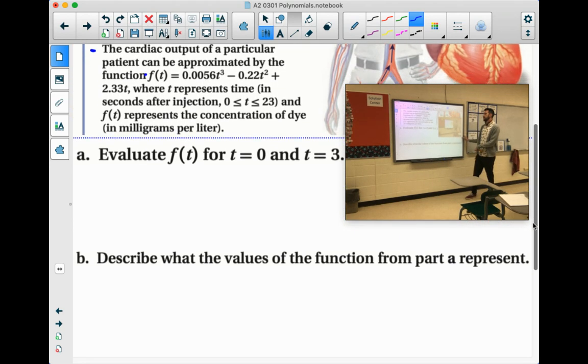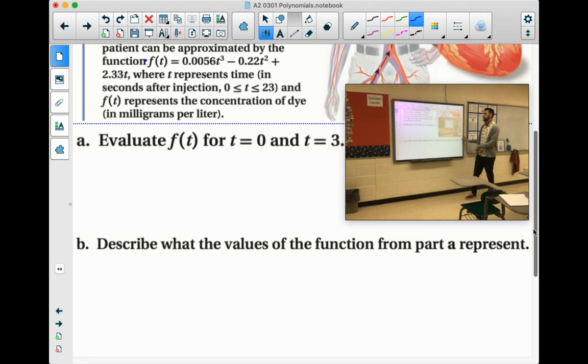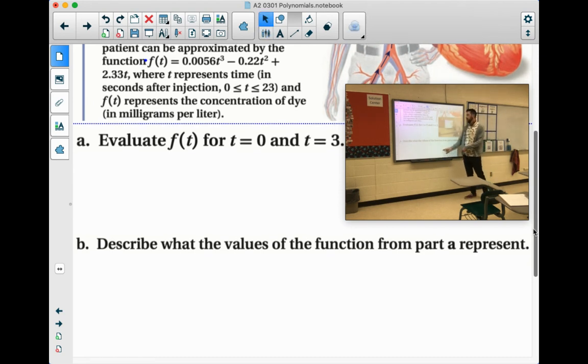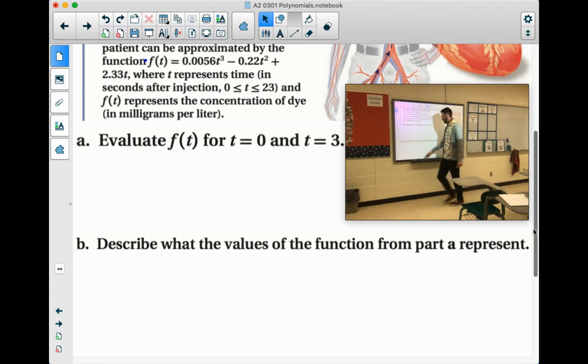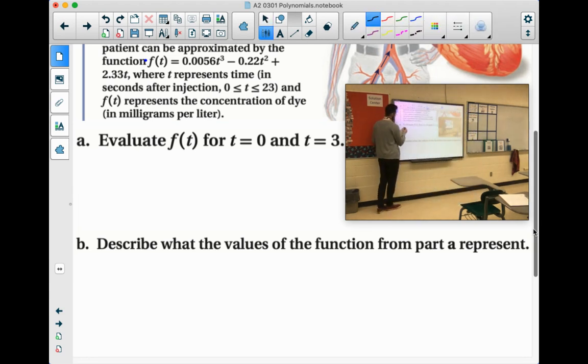Evaluate f of t for t equals 0 and t equals 3. So we are going to be substituting 0 and 3 into the function. So f of 0 equals 0.0056 t. Remember, we're substituting in 0 here.